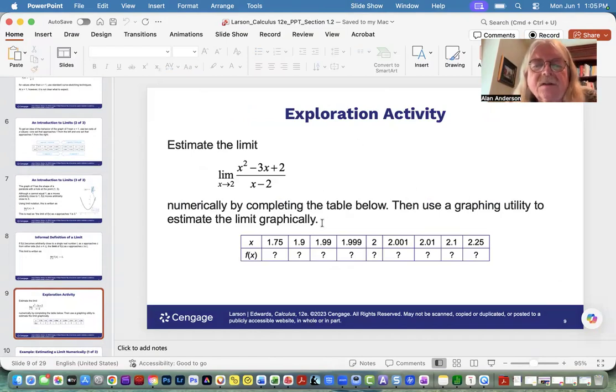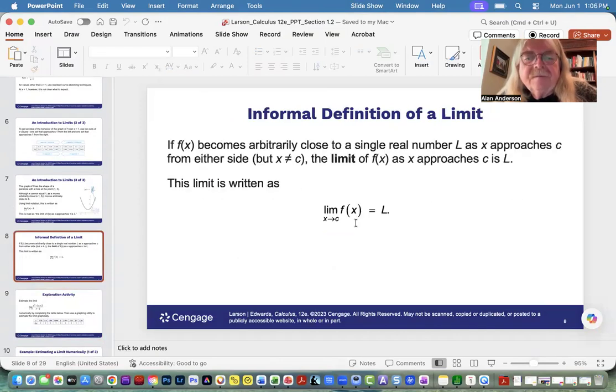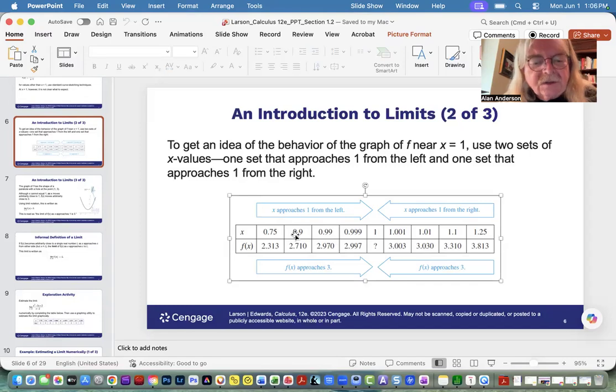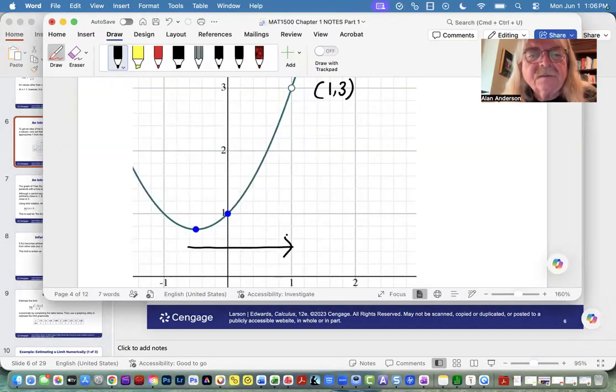In other words, they're giving you a bunch of x's and they want to know the corresponding function values. Oh, sorry, I was looking at the wrong one. It's this one. So here's 1. As we start substituting values of x that are slightly less than 1 into the function, if you look at these numbers in the bottom, you'll notice, in fact, let me copy this real fast.